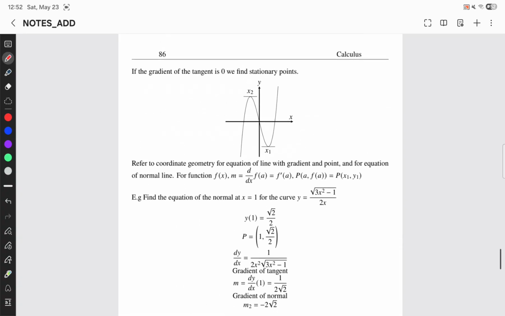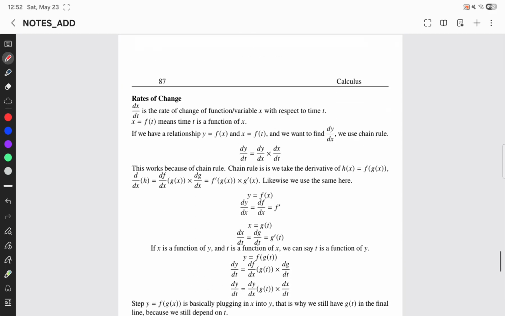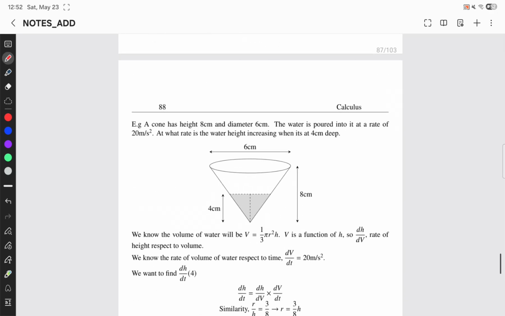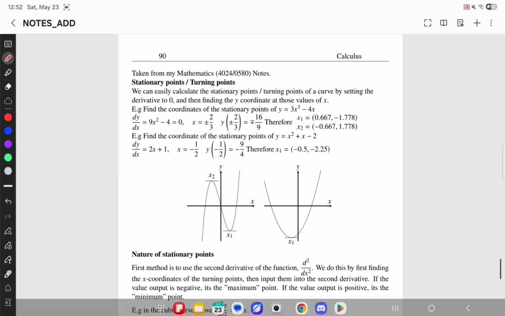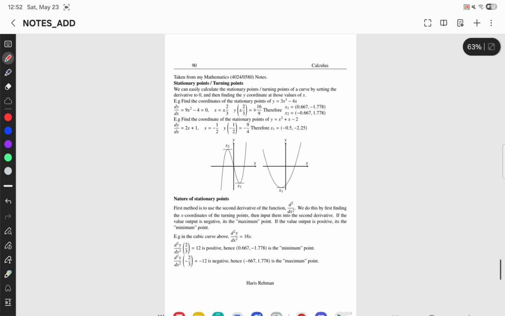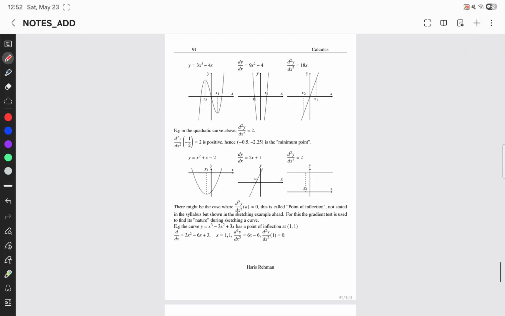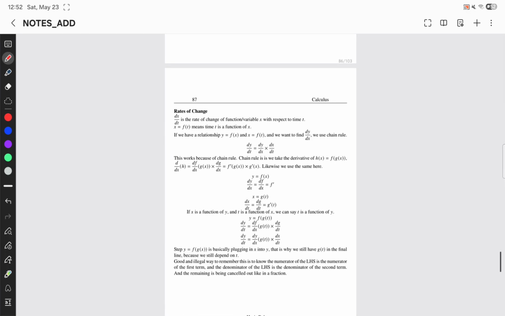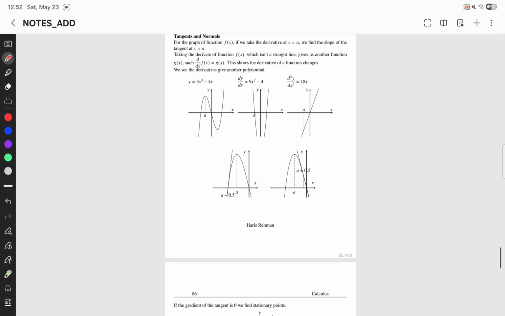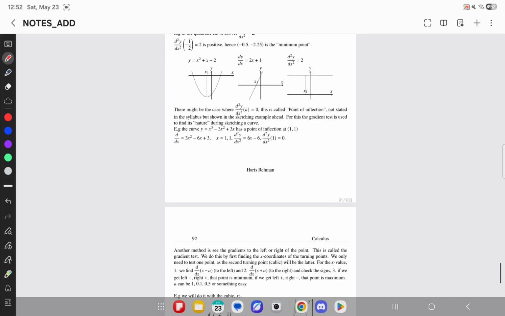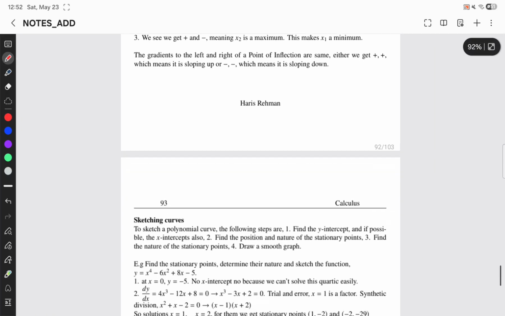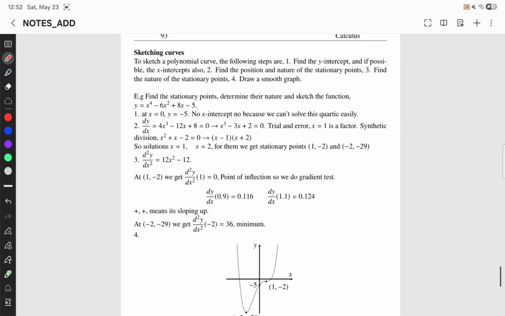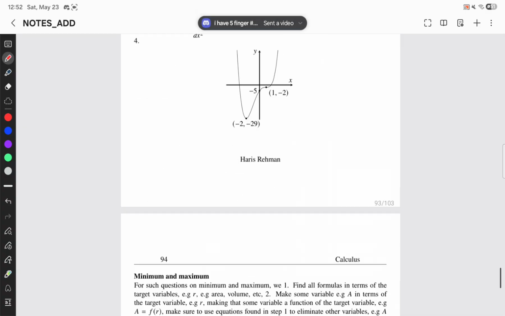Okay, these derivatives. You guys can read what I have on the screen. Rates of change, example, small change in here, and yeah, this is turning points from my notes. See, this is the same diagram I used earlier. I know I'm not very original with my things. It is literally the same thing. Sketching curves, and this is also okay.